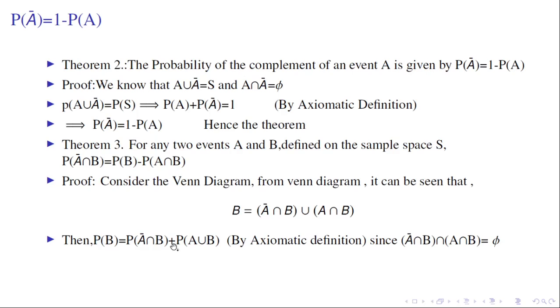Probability of B is equal to probability of A bar intersection B plus probability of A intersection B, since these two are mutually disjoint. There is no common element for A bar intersection B and A intersection B. So from this, probability of A bar intersection B is equal to probability of B minus probability of A intersection B. Hence the proof.